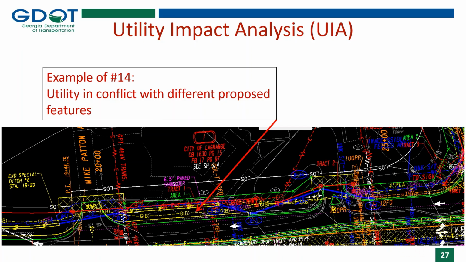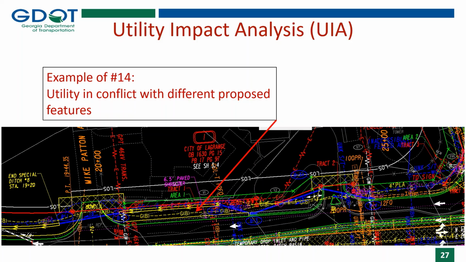Okay, for these next few slides, we're going to follow this gas line. You see the G gas line in yellow. This gas line is going to be an example of number 14 in the utility impact analysis instructions in the spreadsheet.